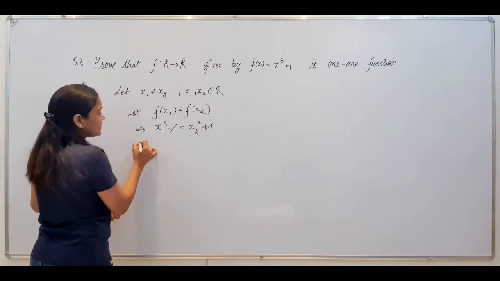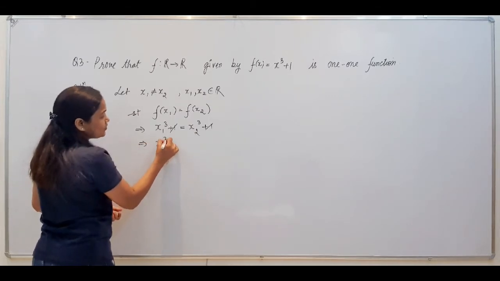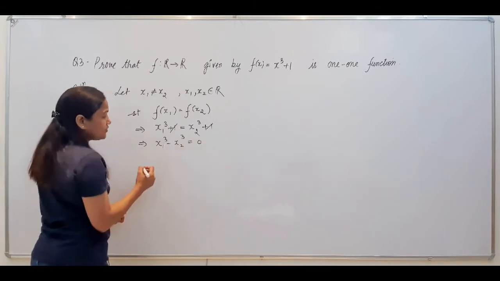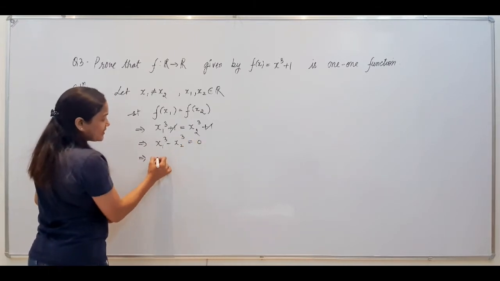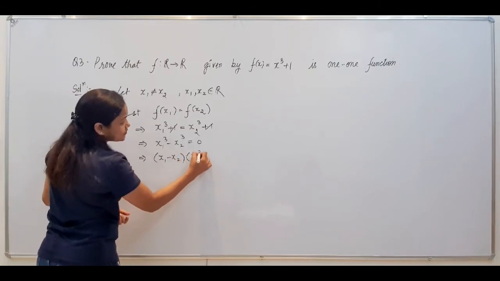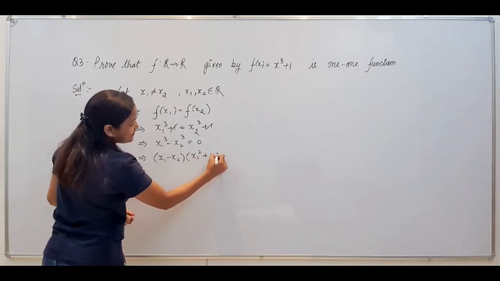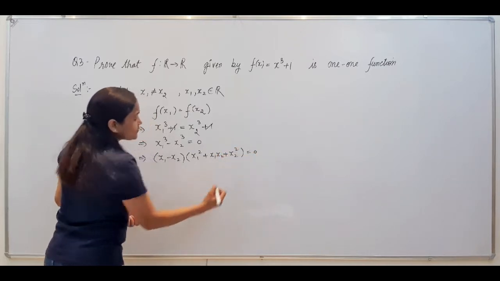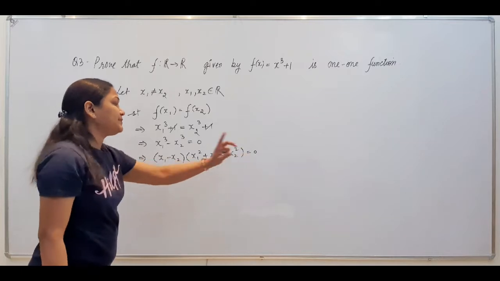Plus 1 will cancel out. x1 cube minus x2 cube is equals to 0. Now a cube minus b cube is equals to (a minus b) into (a square plus ab plus b square). This is equals to 0. Now this quantity can never be 0.